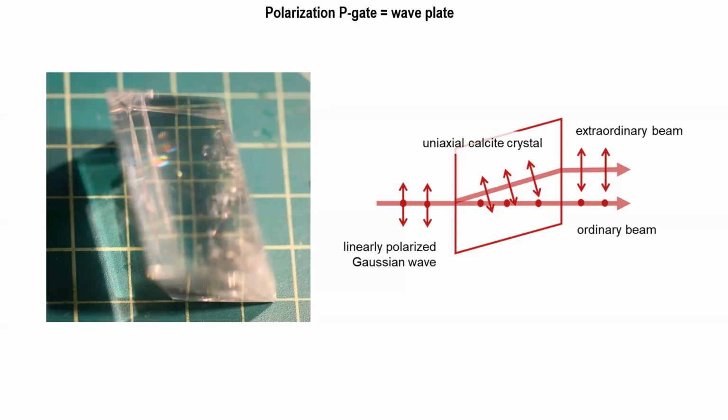Another probability amplitude propagates as the extraordinary photon, and then they interfere with themselves again, which changes the polarization state of the photon.